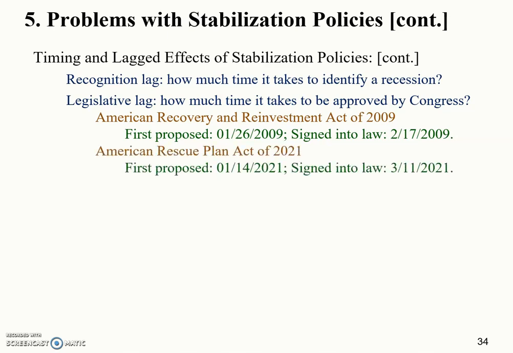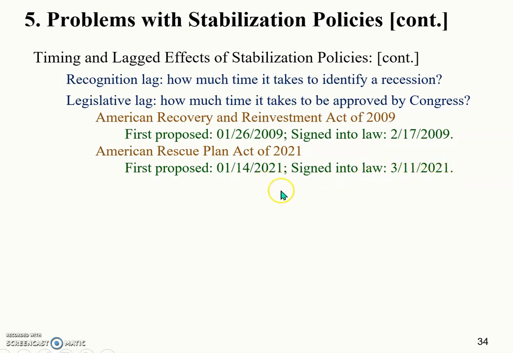More recently, as a response to COVID, the Congress passed the American Rescue Plan Act of 2021. This act was first proposed in the House of Representatives on the 14th of January 2021, and later signed into law by President Biden on the 11th of March 2021.